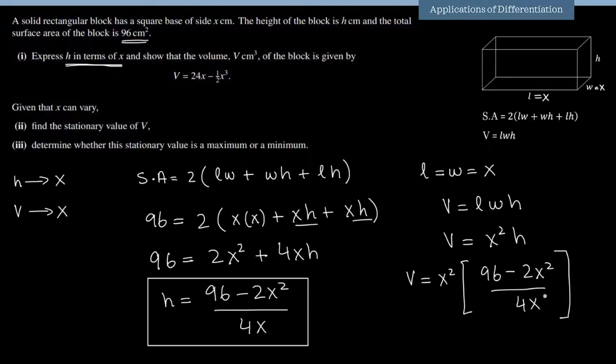x squared divided by x is x. So I'll get, if I write over here, (96x - 2x cubed) divided by 4. This is the volume.